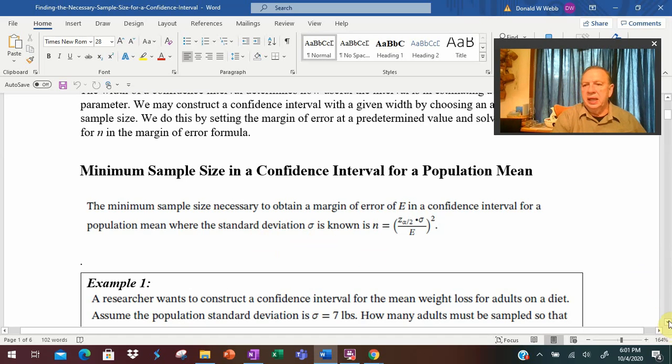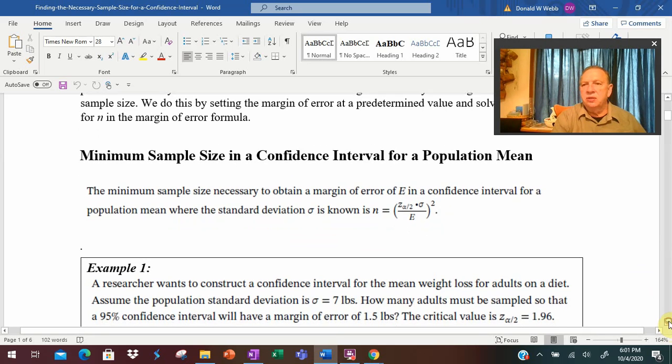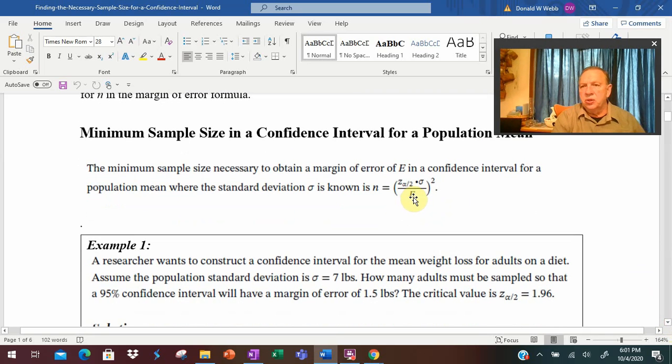But again, I'm not calculating the margin of error. I'm saying I know what I want to build the margin of error to. Give me the sample size that I need, and this is the formula that you would use for a population mean interval, given that you know the standard deviation. Okay.